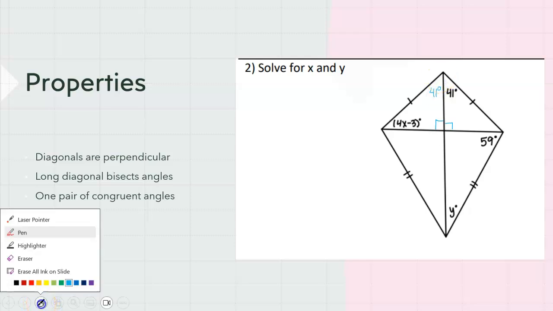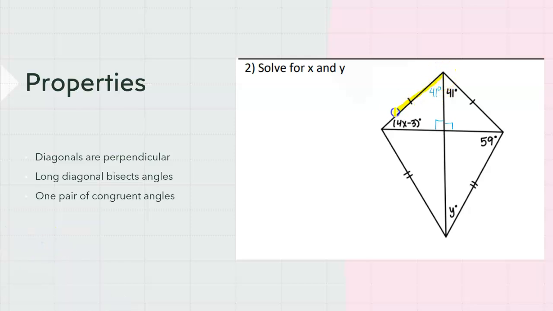And so now I'm going to highlight for a second. This triangle has to add up to 180, so I'm going to use that to solve for x. So 41 plus 90 plus 4x minus 3 equals 180. 41 plus 90 minus 3, so that's going to be 128 plus 4x equals 180.